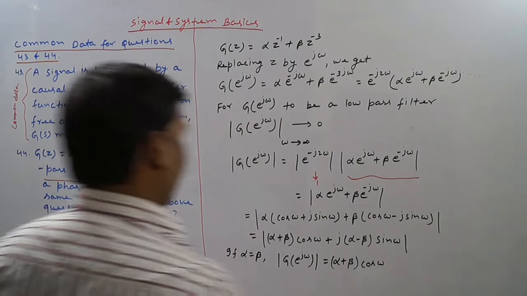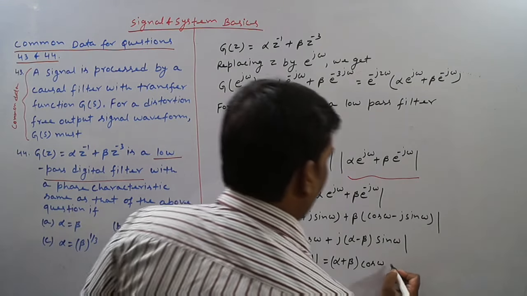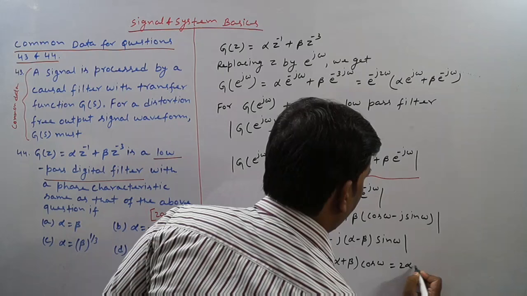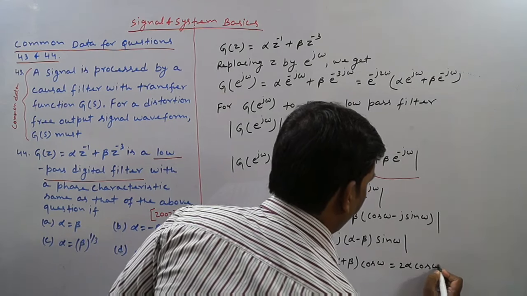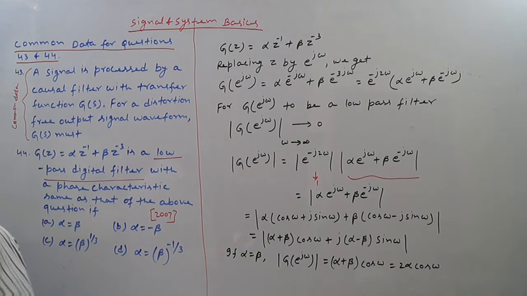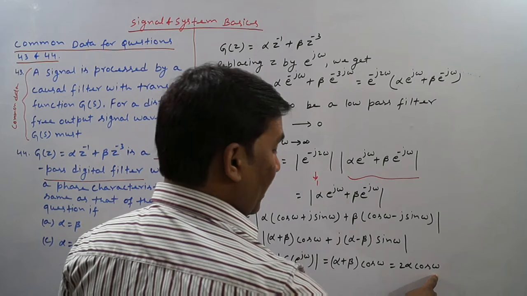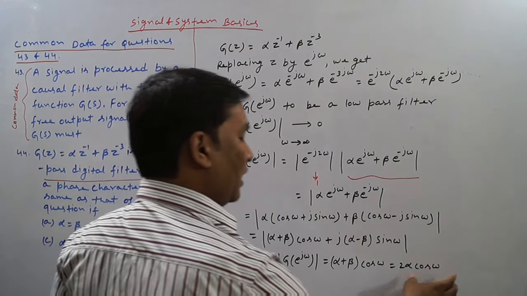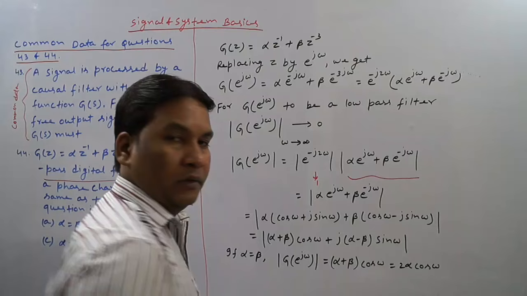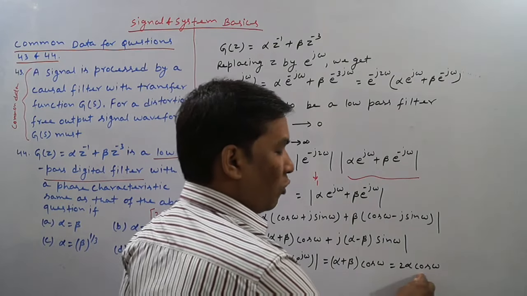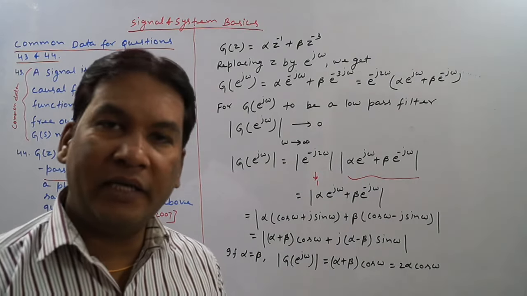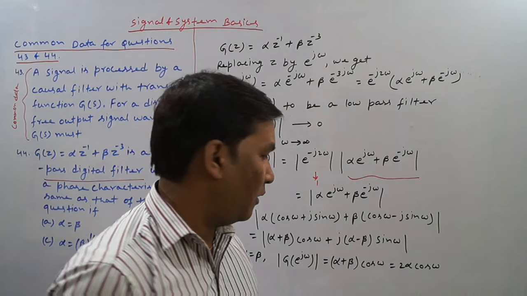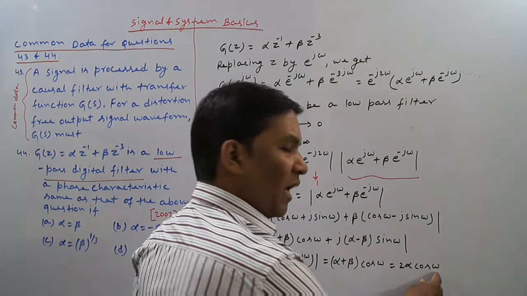So if alpha and beta both are equal, then this will be equal to 2 alpha cos omega. Now we can clearly see, as we increase the value of omega, this part will reduce, because the value of cos omega will decrease. It will be maximum for omega equal to 0.